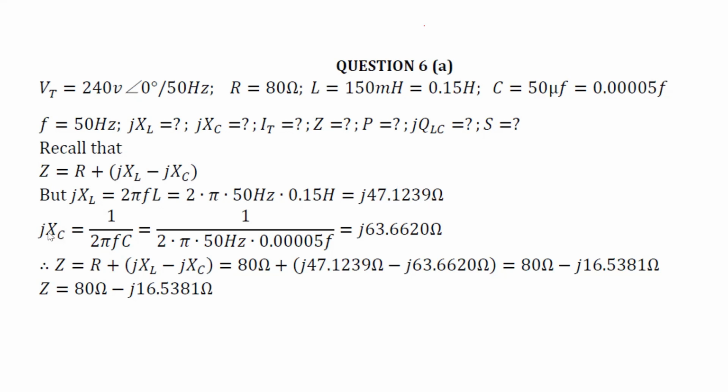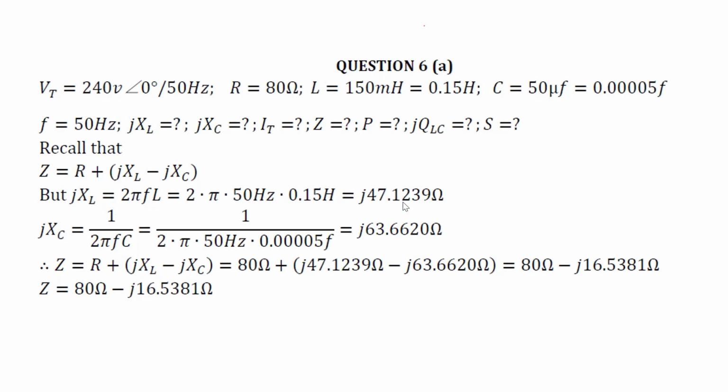Then the reactance of the capacitor is 1 over 2 pi FC, which is 1 over 2 times pi times 50 Hz times 0.00005 farad, and we have it at 63.6620 ohms.